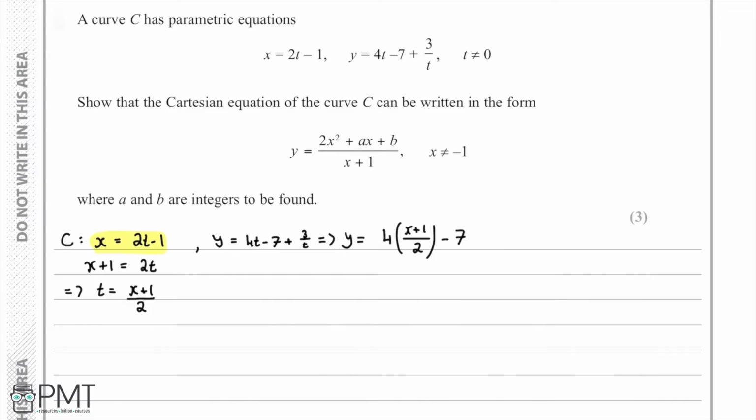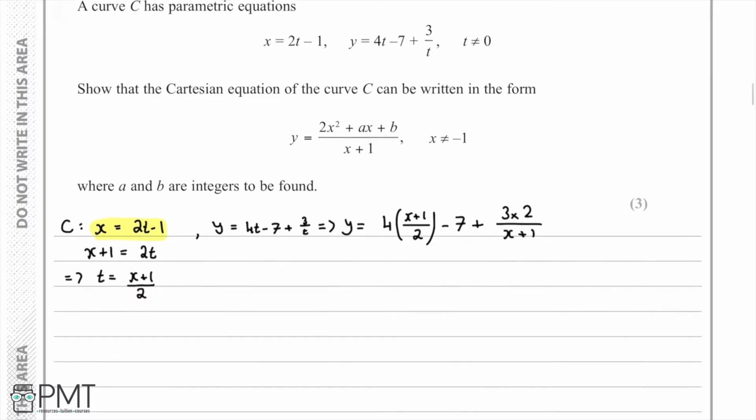And since we're dividing by a fraction, we can multiply but flip it. So that will be equal to 3 times 2 over x plus 1. The 3 times 2 comes from the fact we have 3 there and 2 there. So the next step from here will be to expand out the brackets.